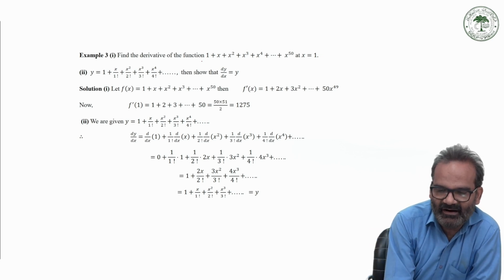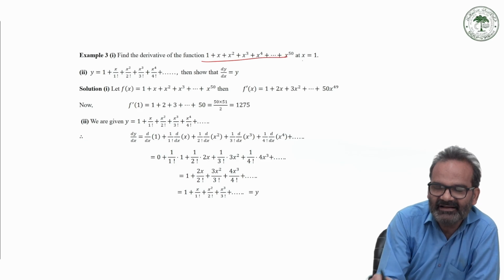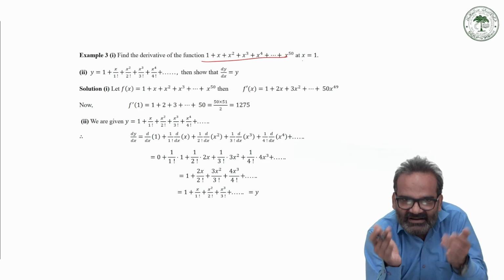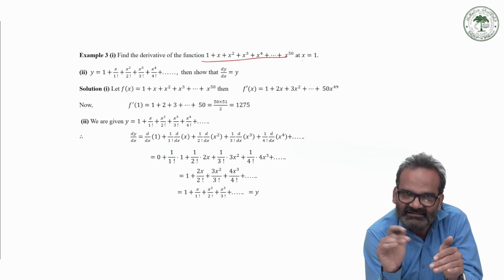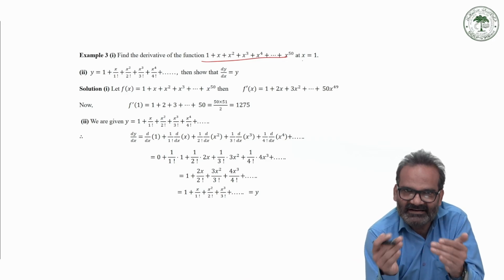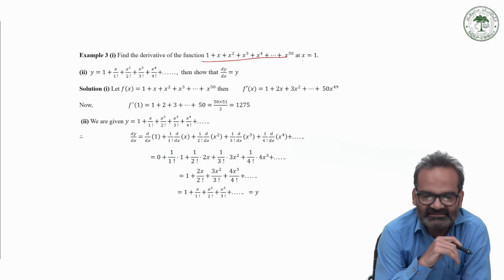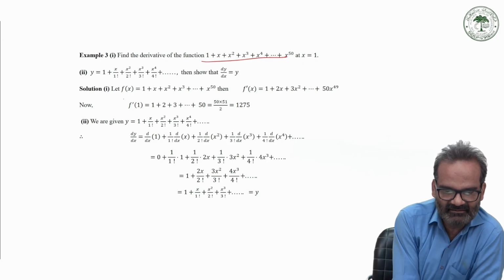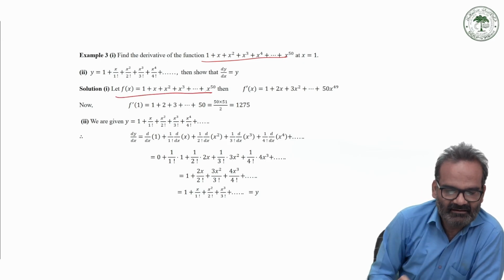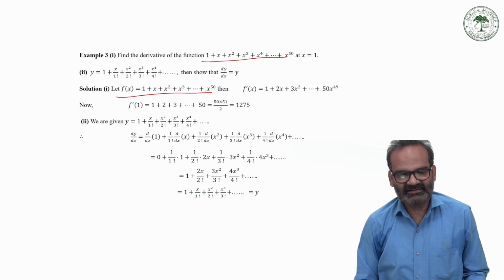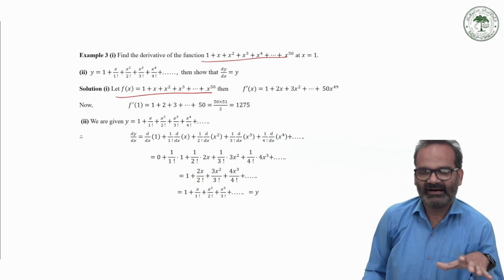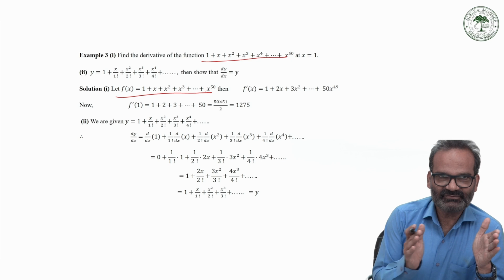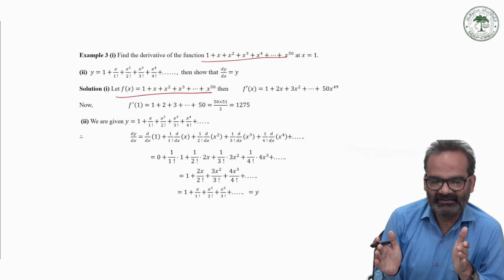So first find out its derivative, and whatever derivative you obtain, finally put x is equals to 1. That is the meaning of derivative at x is equals to 1. See, come here. This is your function. Fx is equals to 1 plus x plus x square plus x cube up to x power 50. We are adding the terms from 1 to x power 50, right?